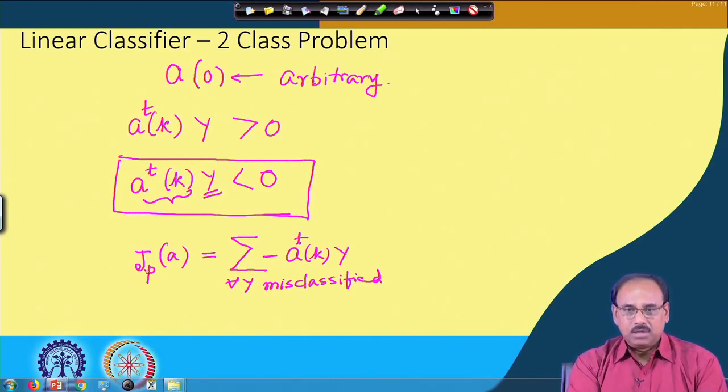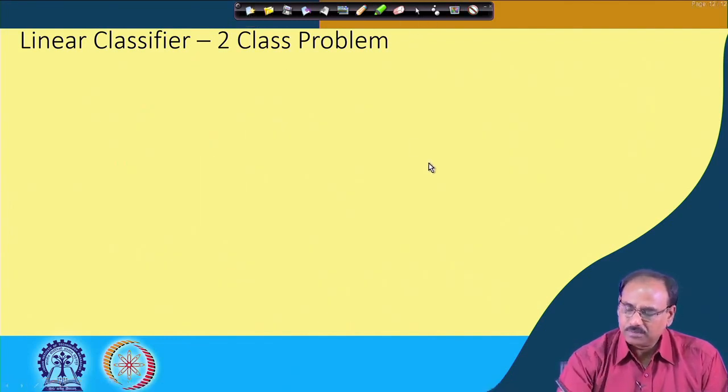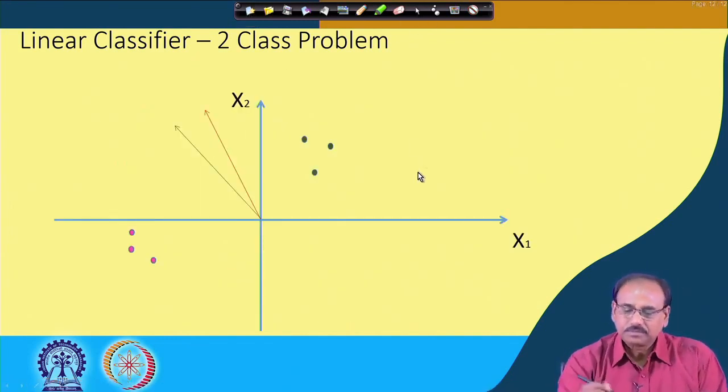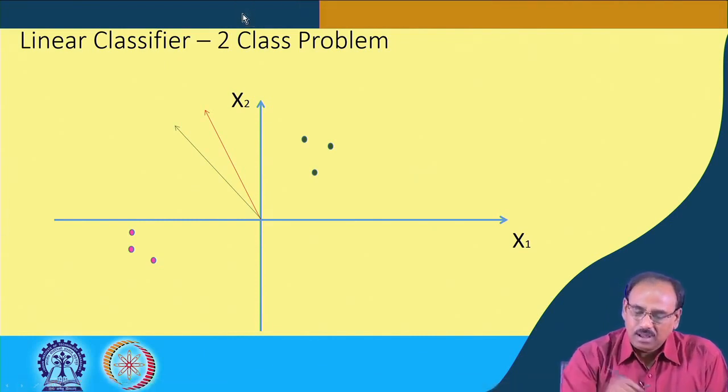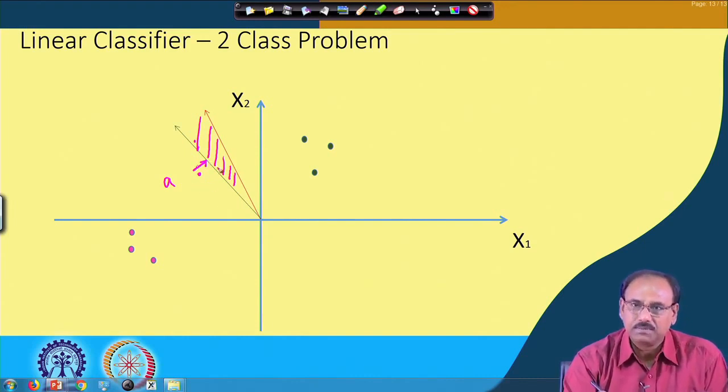So, what is my solution approach? If you look at the figure over here, you find that this was my solution region. If at any instant of time I have a solution vector A over here, my approach should be to push this A towards this side, so that it moves inside the solution region.